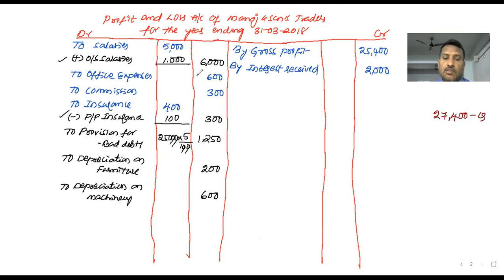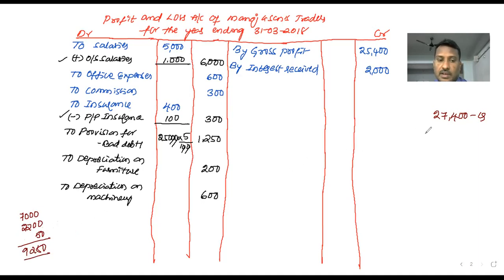Now let me total the debit side expenses and losses. Thousands: 6, 7, thousands are 7. Now let me total the hundreds. 600 plus 300, 900. 900 plus 300, 1,200. 1,200 plus 200, 1,400. 1,400 plus 200, 1,600, 2,200, 150 rupees, 9,250.